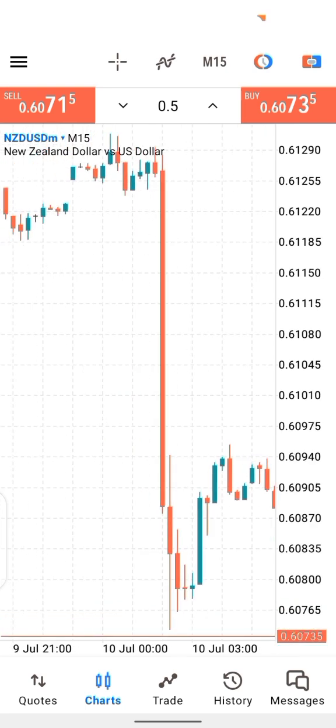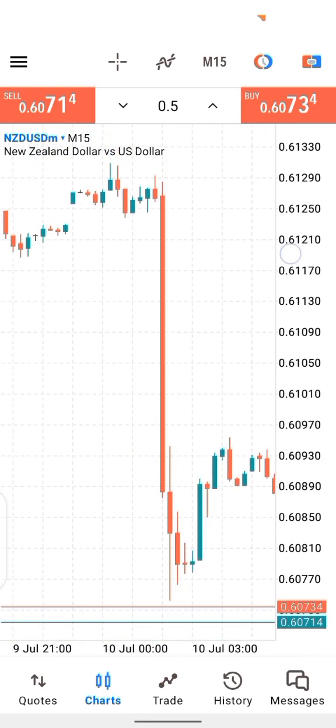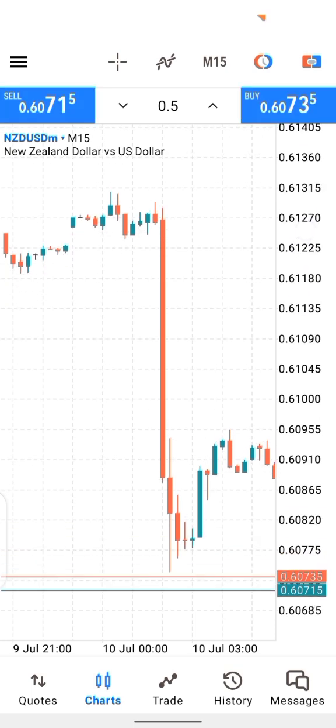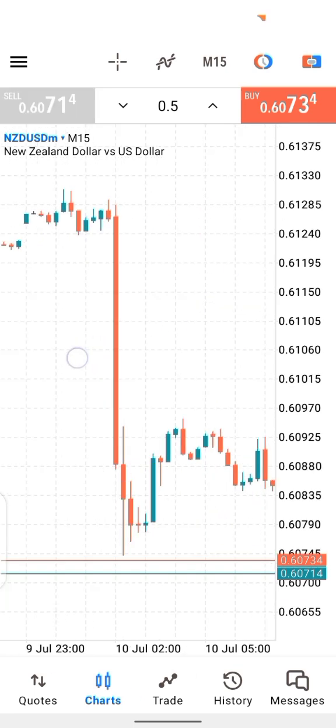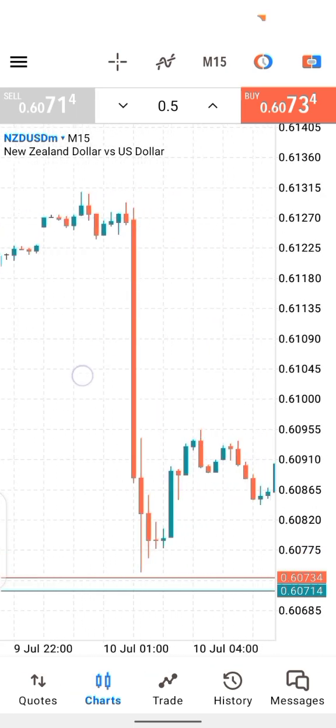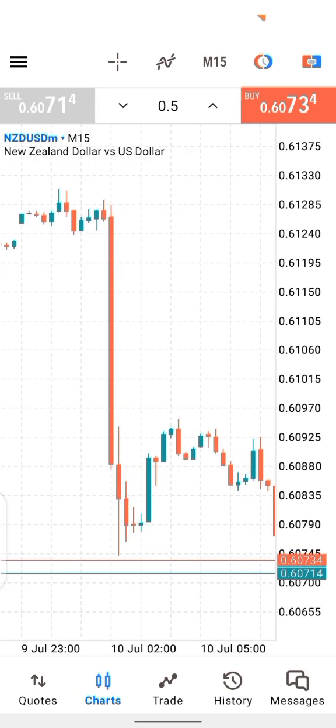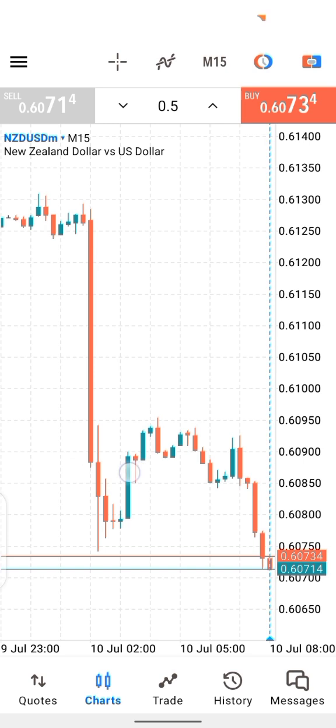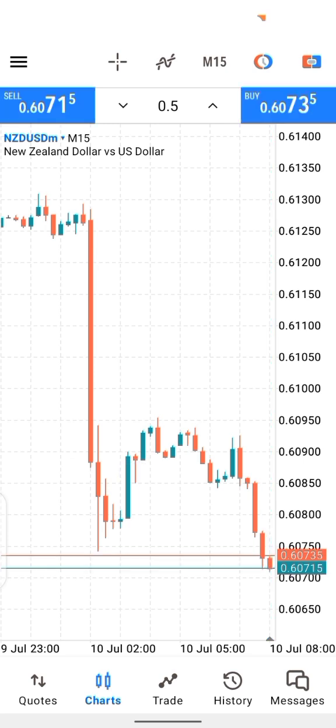You see, this is the news event of 3 o'clock. You see the spike. So traders do care about news, because trading technical analysis and not backing it up with news is somehow risky because of the volatility, the spikes during that time.